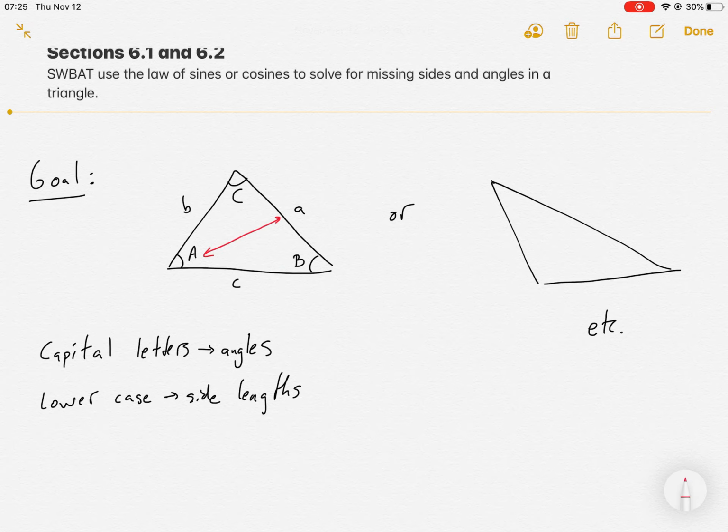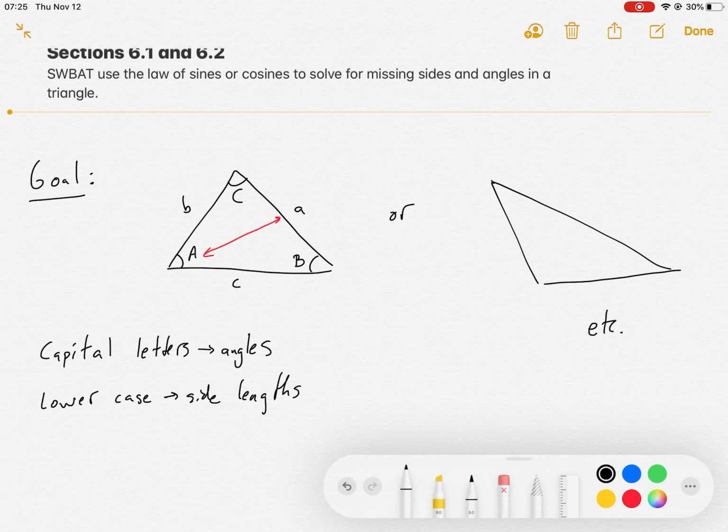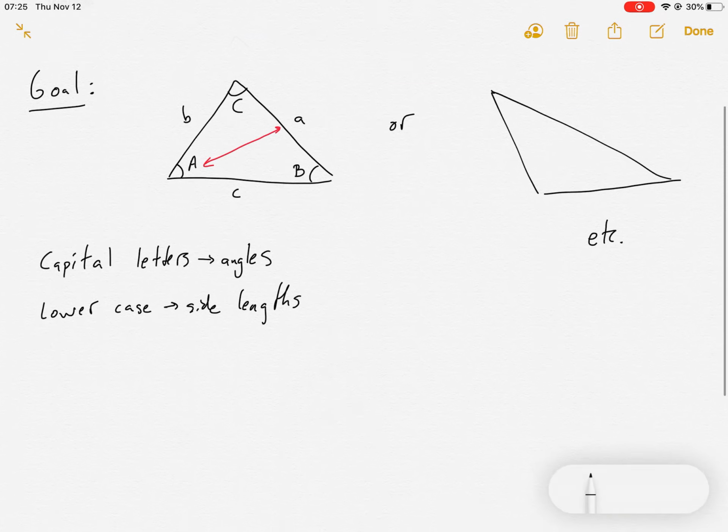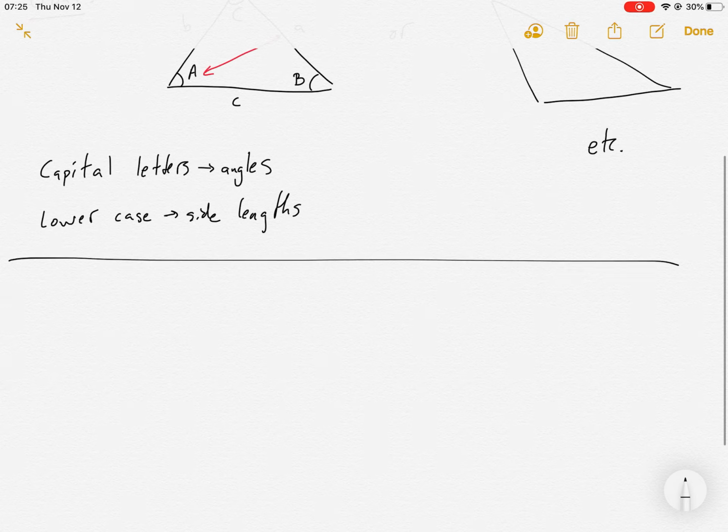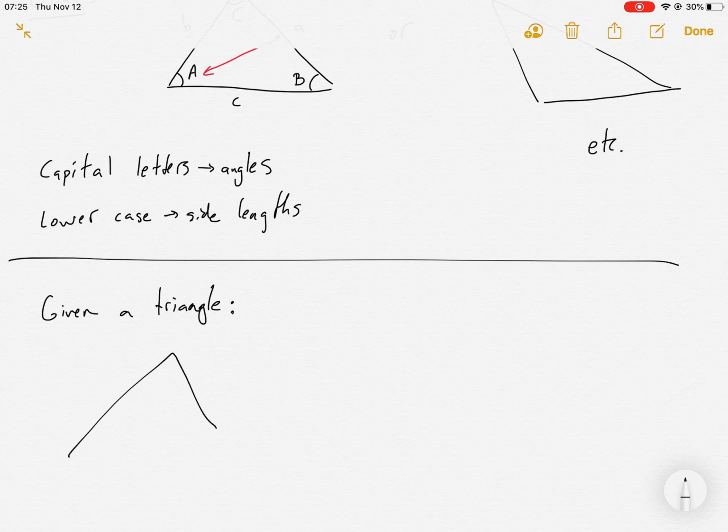Okay, so let's get right into, well, actually, before we get right into anything, let's talk a little bit about another type of notation which you might not have seen for a little while, because I will be referring to this. So if you're given a triangle with some stuff filled in, for example, let's say you had, I'm just going to make this up, so it might not really be a triangle, but let's just say it was 13, 8, and 5.